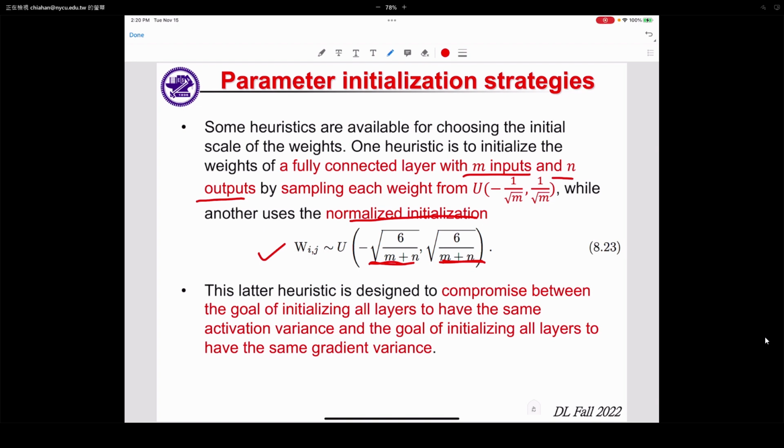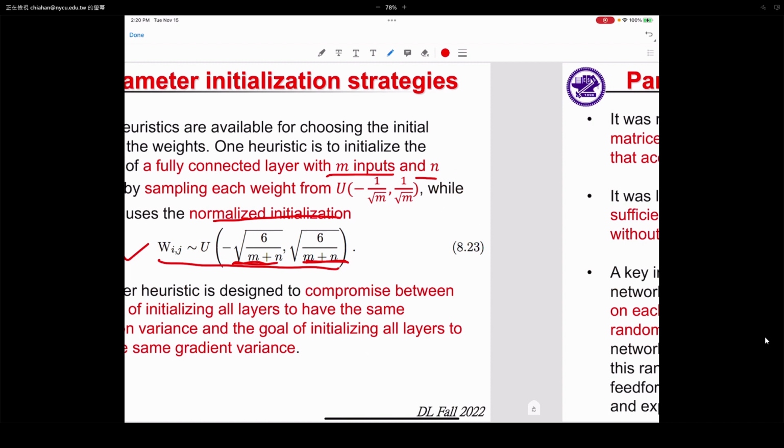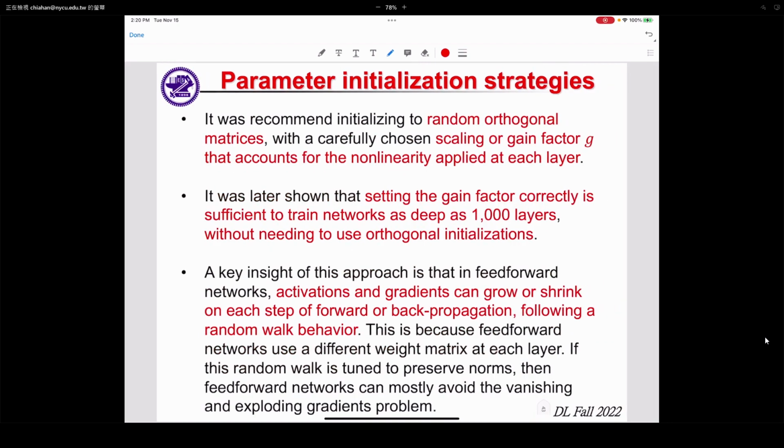Then you may use this. And initialize random orthogonal matrices, but this is too costly. We already mentioned this. We choose a scaling or gain factor.